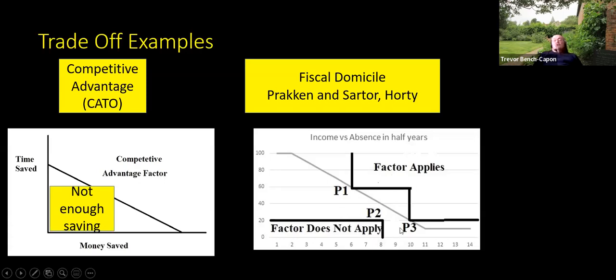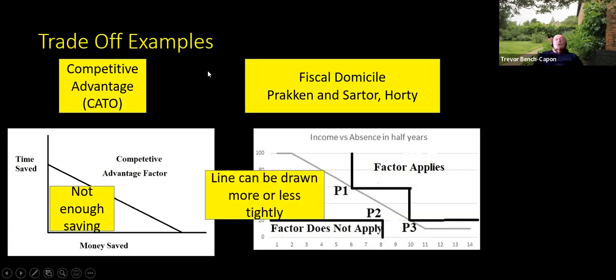But in P3, it may apply, it may not apply. The idea is to set a line excluding the ones that don't apply, including the ones that do, and see whether the use case applies. Note that the line can be drawn more or less open.